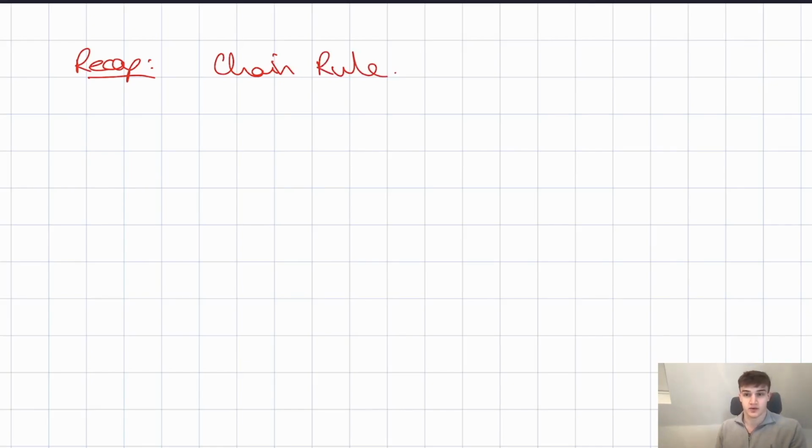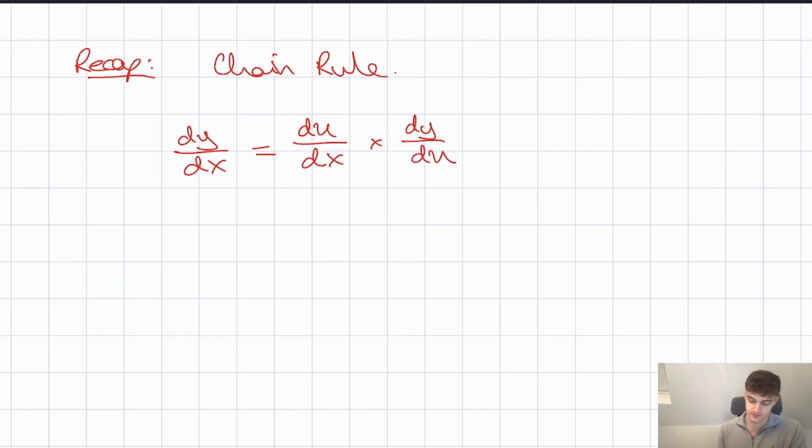So all the chain rule is saying is if you want to find a derivative dy by dx, it's possible that if you're able to find some function of a function, and I'll explain that in a second, then you could instead find du by dx and multiply it by dy by du, where this u is some substitution that you choose.